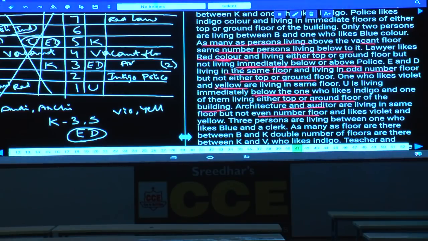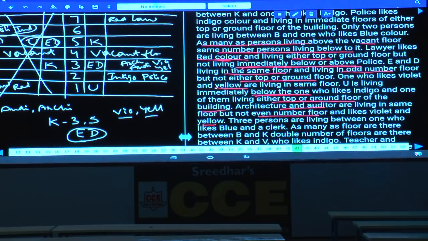Architect and auditor. And what could be the colors here? Violet, yellow, or another 2 colors could be. And likes violet and yellow, it is clearly given. Hence this is the third floor, E and D, violet and yellow, and these 2 persons are architect and auditor. Violet and yellow.